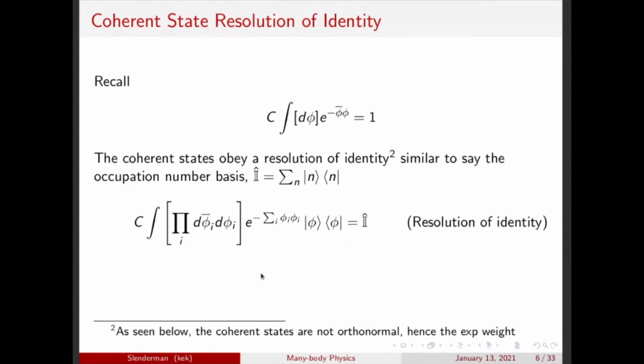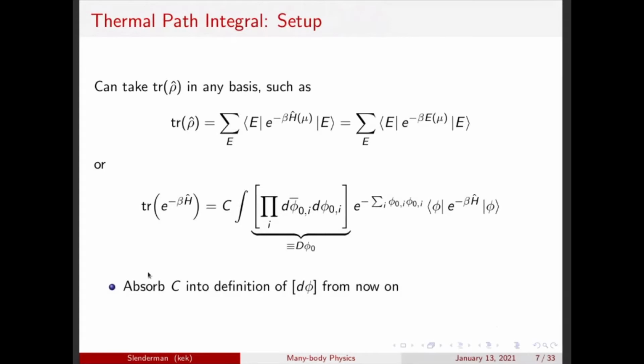All right, so the resolution of identity looks like this for the coherent states. If you recall, the quantity that we're interested in right now is this partition function, the trace of the density matrix rho. We can take it in any basis we want.